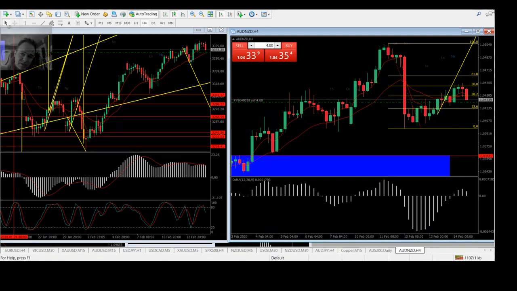So the fact that we're seeing some selling in equities helps our cause here in being short on the Australian versus New Zealand.